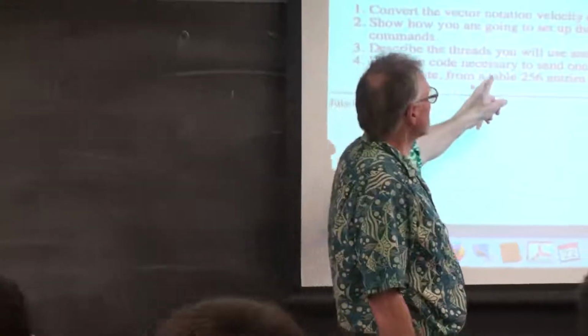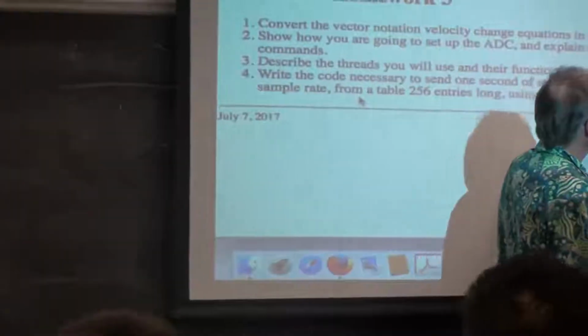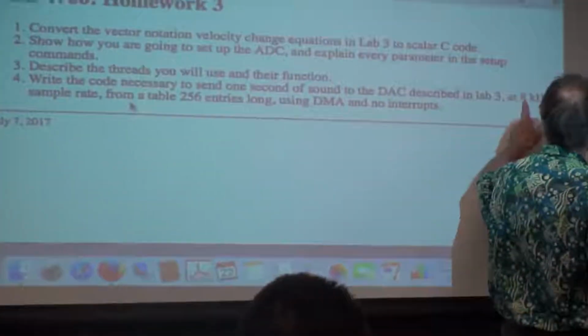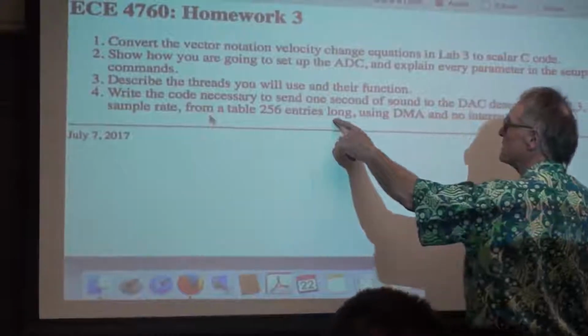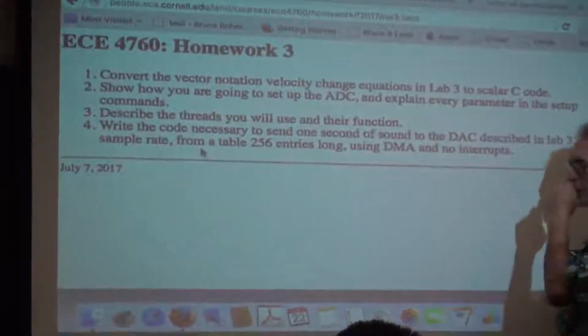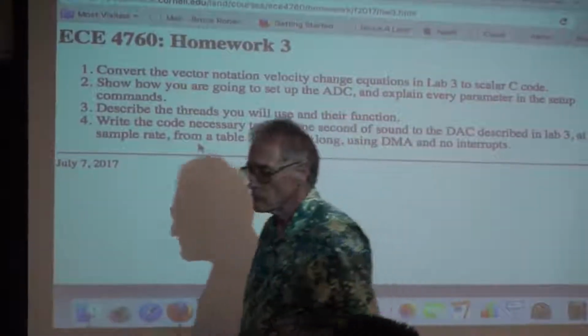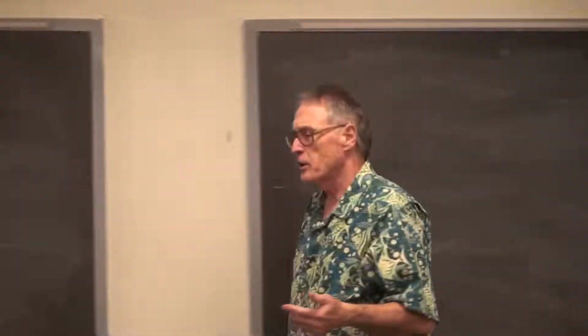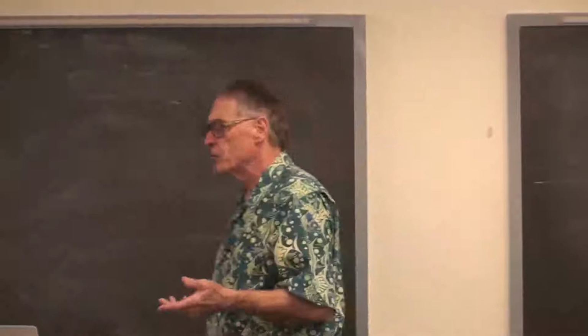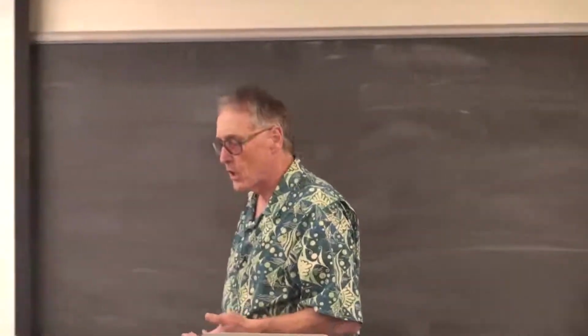It says: write the code necessary to send 1 second of sound to the DAC described in Lab 3 at 8 kilohertz sample rate from a table 256 entries long using DMA and no interrupts. So the implication is that you're going to be traversing a table 256 entries long.